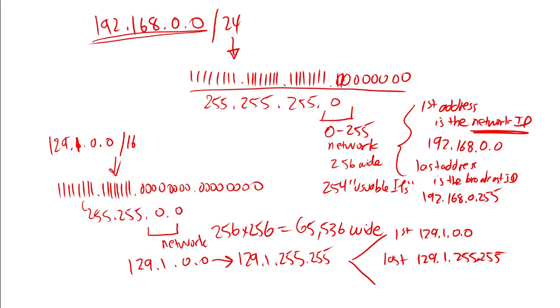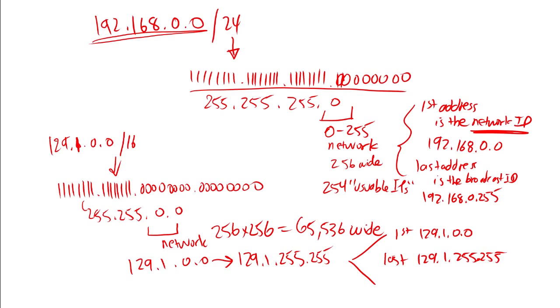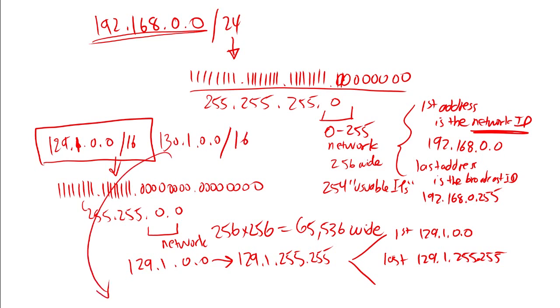Now, if you're assigned this 129.1, for example, your neighbor could be assigned 130.1.0.0/16. And then his network would be 130.1.0.0 to 130.1.255.255.